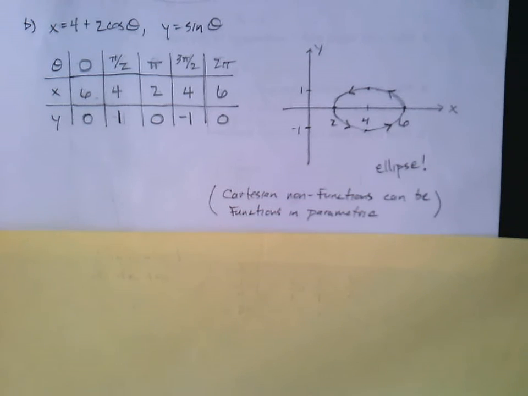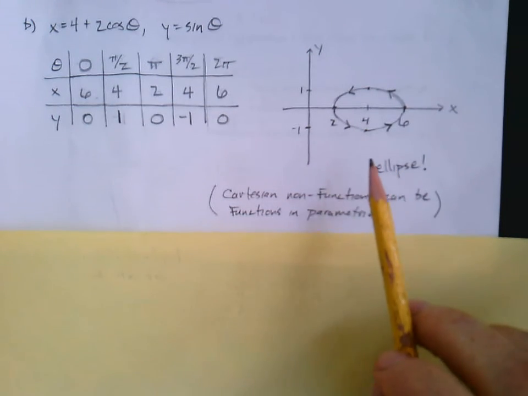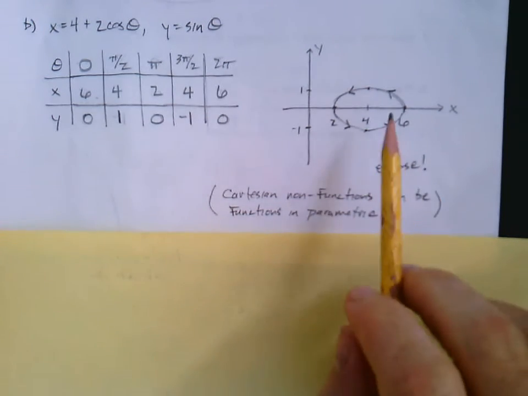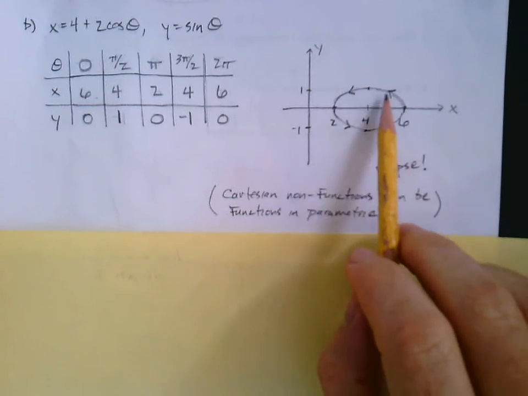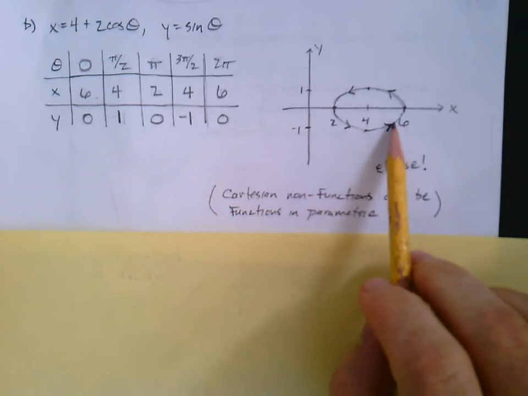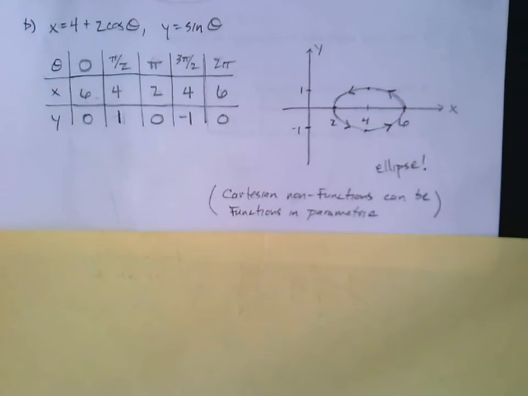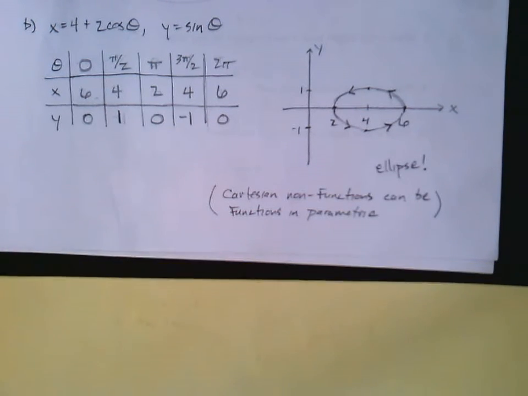That really, really is a sweet breakthrough to think of non-functions. Not only do we get more information, right, like where is a particle or a projectile or who knows what might be going around in circles, a planet, I don't know, any kind of satellite, where is it at any given period of time or angle? But then also we're treating it like two functions, and when they come together, they make something that originally would not have been. Okay, so you're blown away by this.